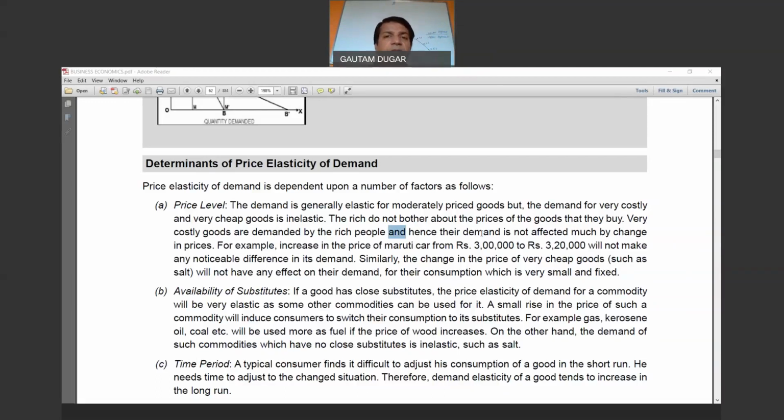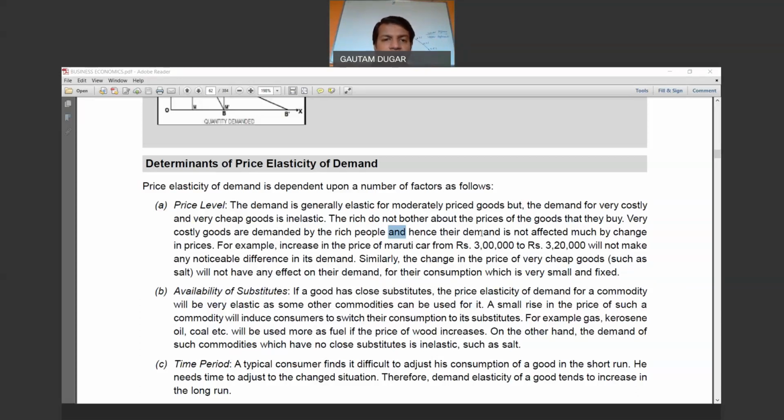For very cheap goods, in their case, the demand would be inelastic. But in the case of luxury goods, also it will be inelastic. But the demand for moderately priced goods would be elastic.